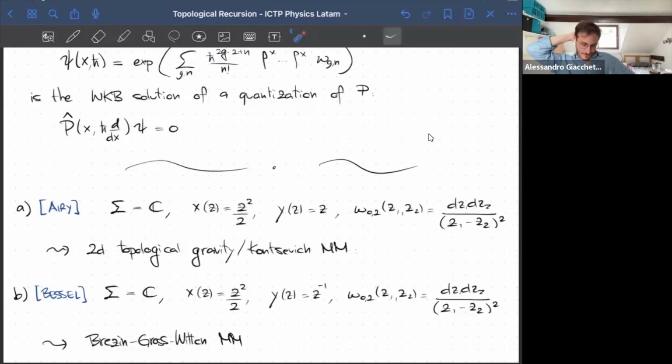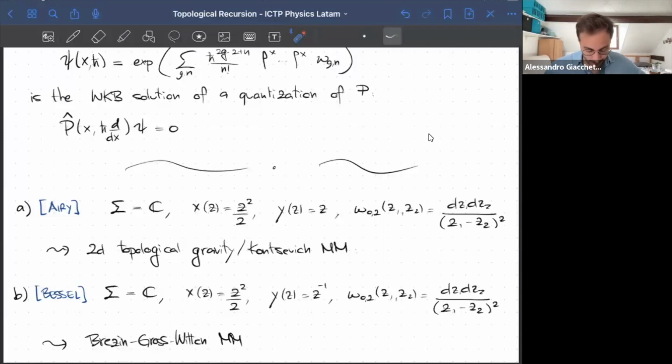So the easiest example you can think of is something known as the Airy spectral curve. This is the case when you take sigma to be C, the complex plane. And remember, X is a map from sigma to C whose differential has a finite number of simple zeros.